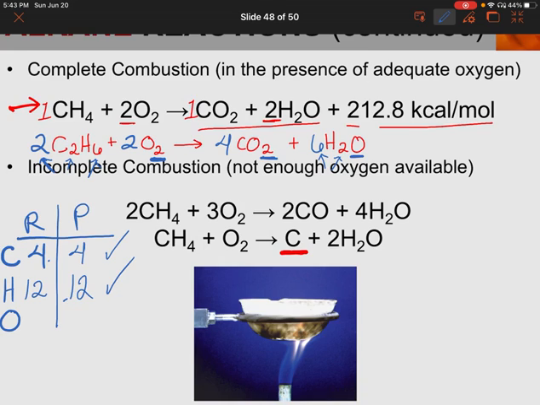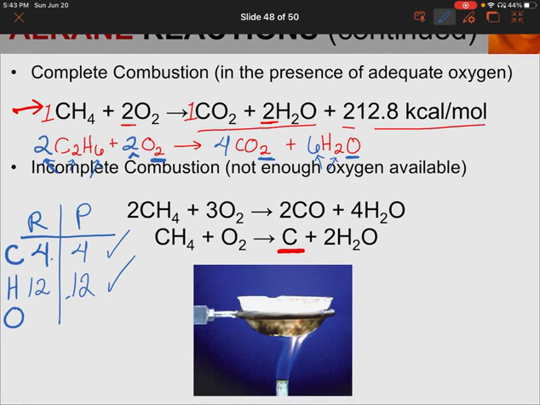Great. So now for oxygen, we have 2 times 2, which is 4 oxygens on the left. And then on the right, we have a bunch. We have 4 times 2, which is 8, plus 6 times 1, so that's 6, so that's 14. Oh man, okay, so what can we do here?